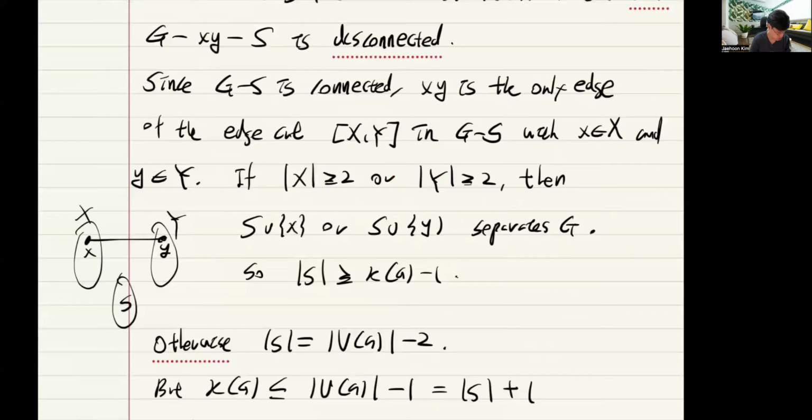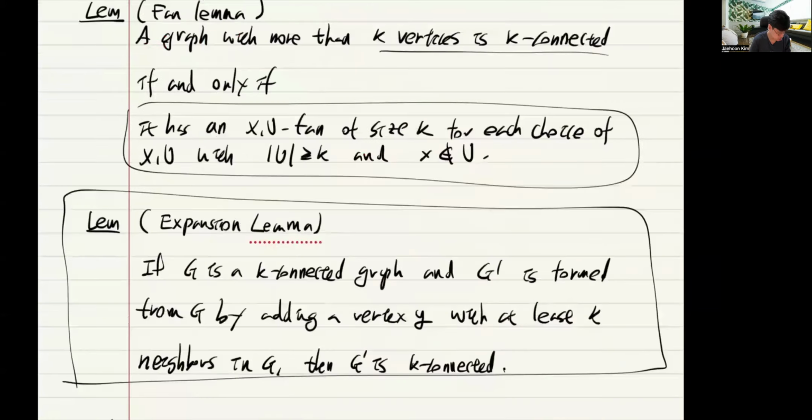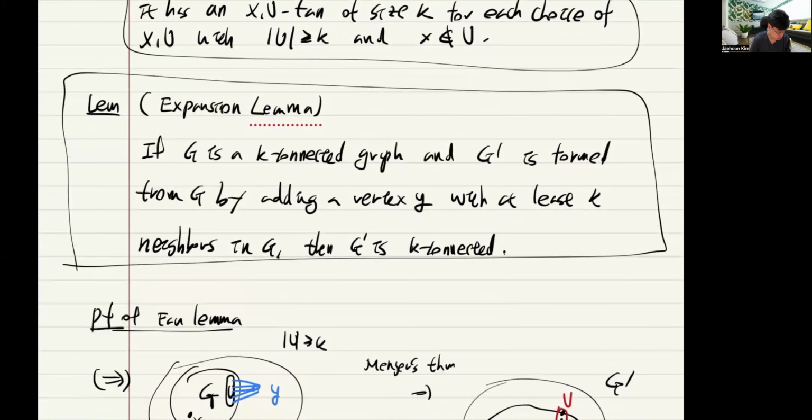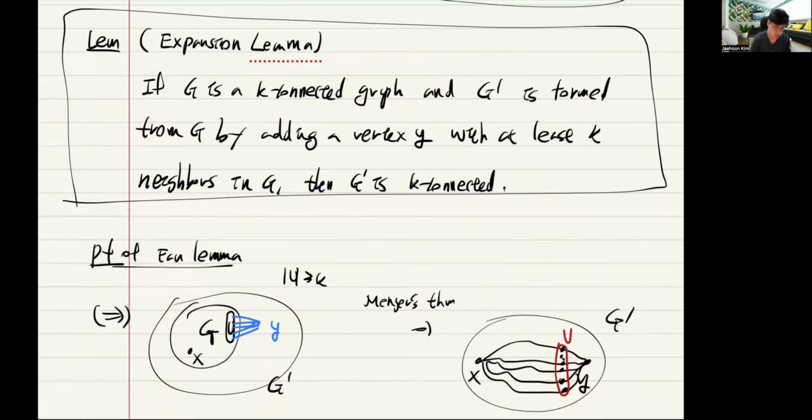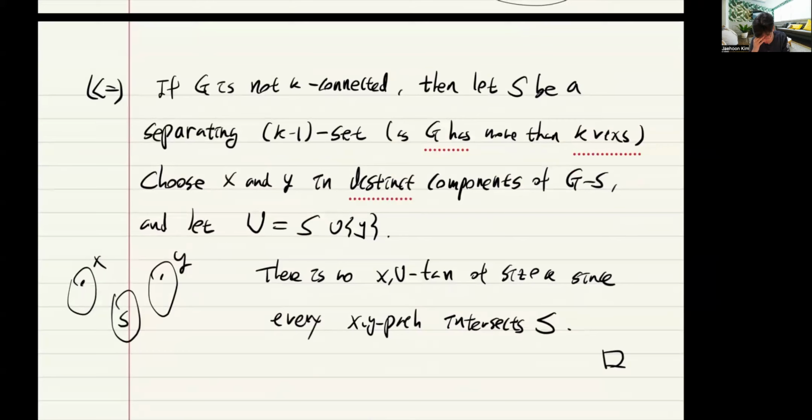So that's what we did today. Next time we will consider some statements about cycles. Connectivity and cycles are closely related, as we have seen before. The cut vertices are the ones that don't belong to any cycle. Then we use cycles to characterize trees and to characterize connected graphs.